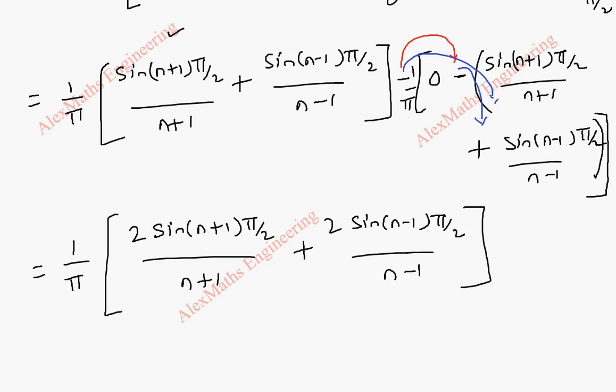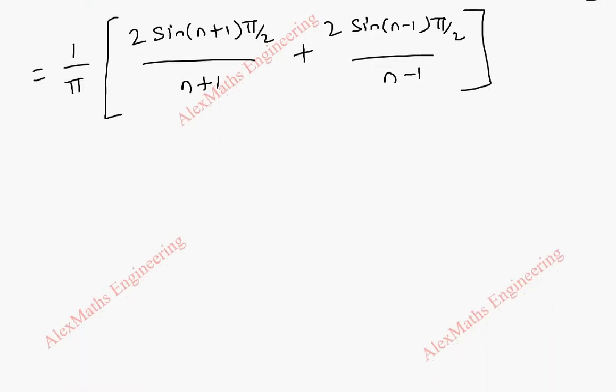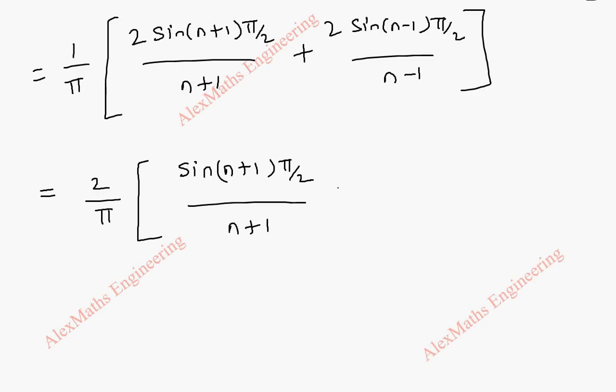We can take 2 common throughout, so it becomes 2 by pi outside. So 2 by pi, we have sine of (n plus 1) pi by 2 by (n plus 1) plus sine (n minus 1) pi by 2 by (n minus 1).